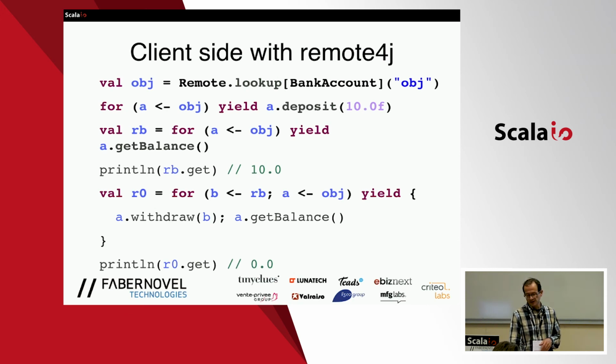Here, this is batched, meaning A.withdraw(B) and A.getBalance are in the same closure which is sent over the network. And lastly, because on the client you have to finally get something to display to the user, again use get.